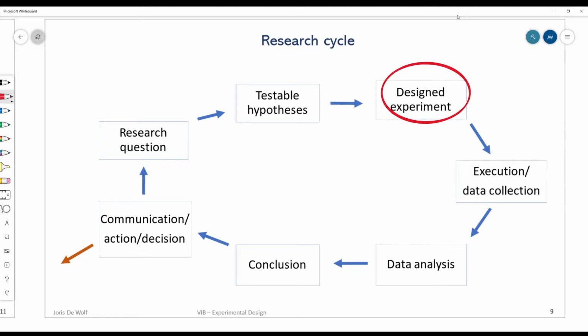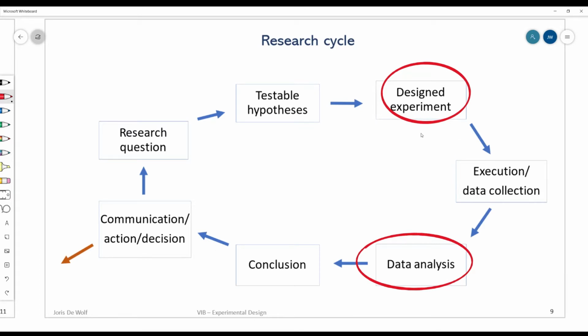But bringing up this research cycle, I wanted to explain that this is not an activity that stands on its own. We have to know already at the moment of designing the experiment how we're going to analyze the data, because it's going to be that data analysis that will guide us in designing the experiment.